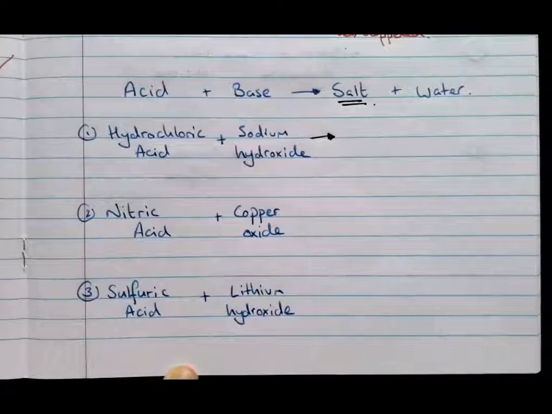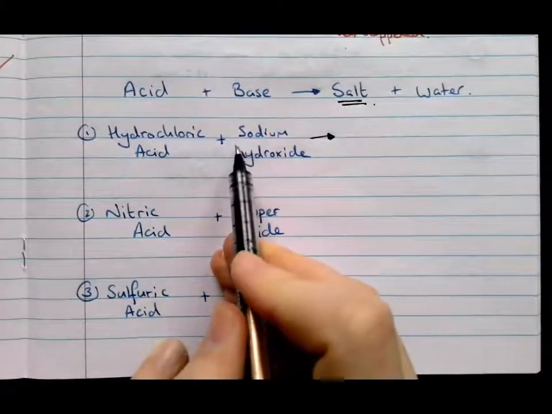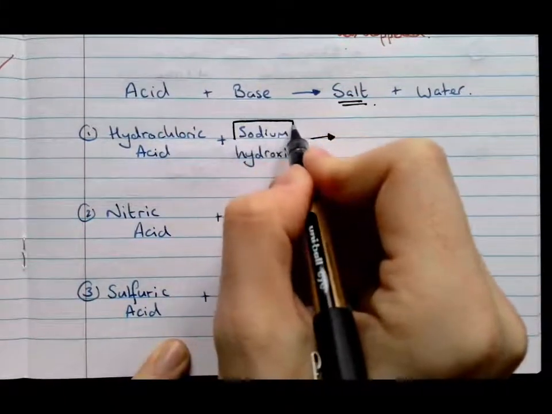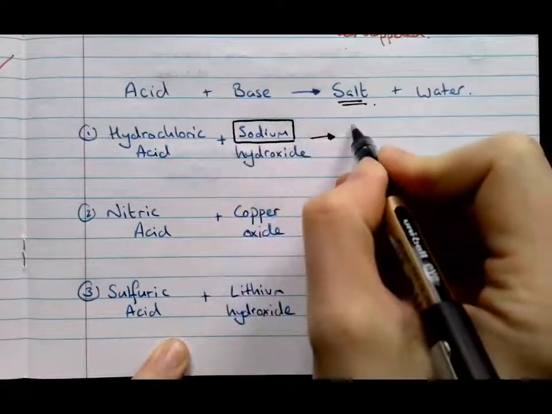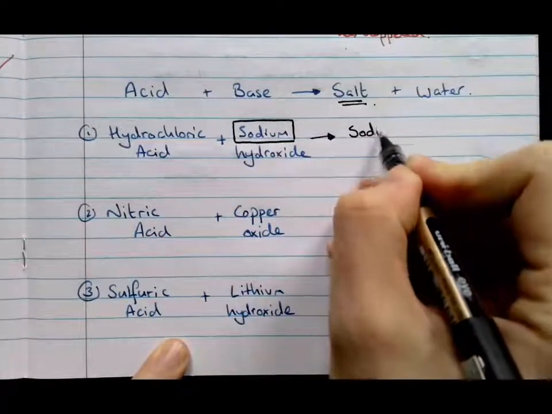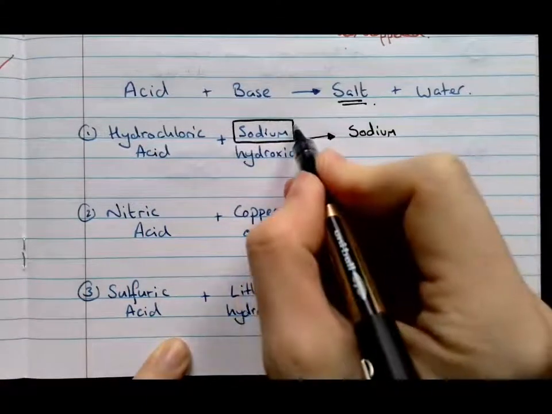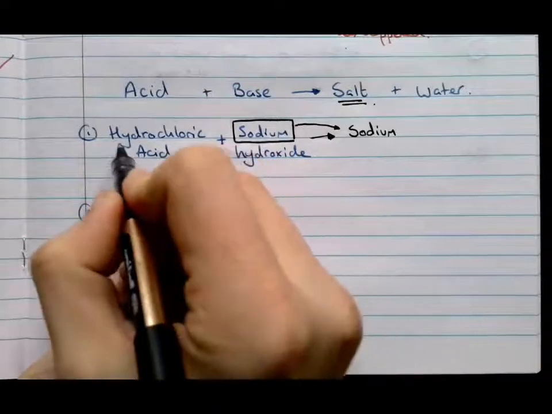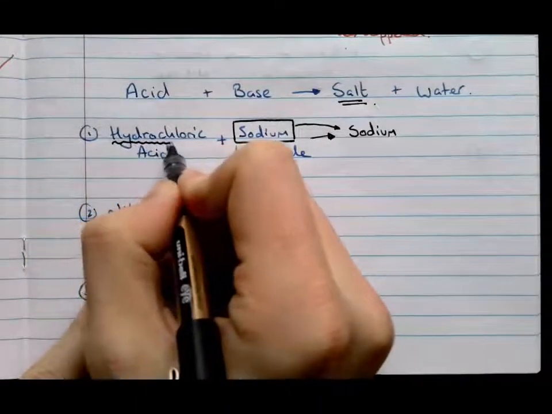If we look at this first example, the way we name the salt is we take the name of the metal from the base, and that's the first part of the name of our salt, sodium. And then we take the name of the acid.